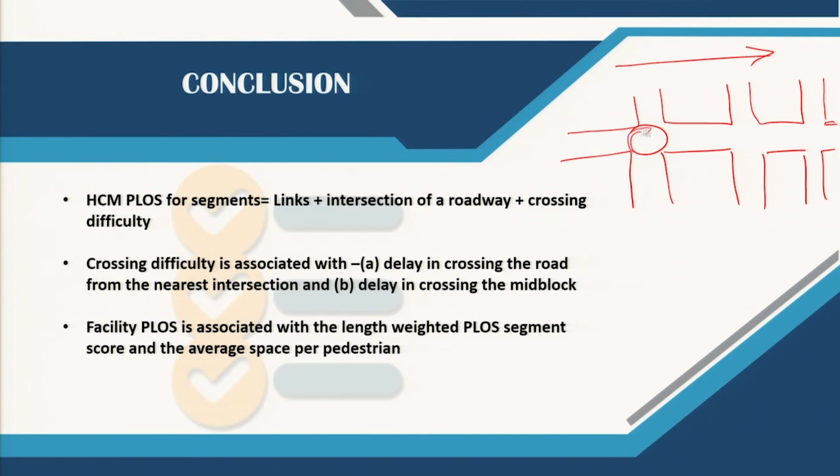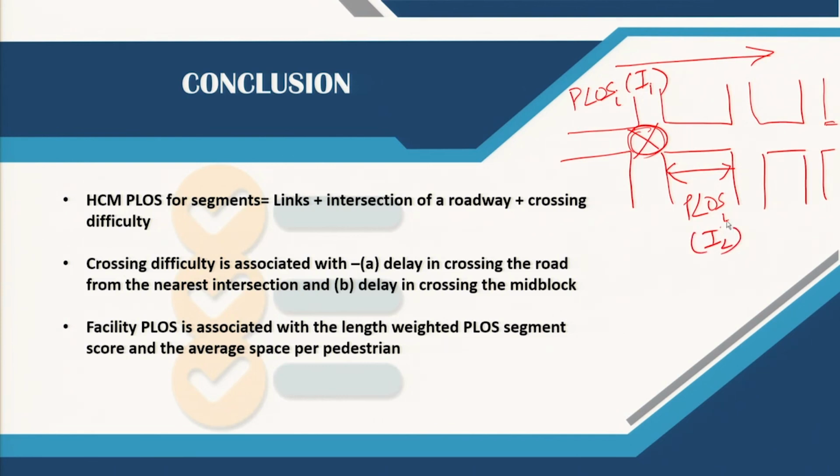So, you are calculating a pedestrian level of service for an intersection which may or may not have a signal, because not all intersections are signalized. So, if you are only looking at this, you are looking at a pedestrian level of service score for an intersection, which is given by II, whereas if you are looking at a link, you are looking at only this segment. So, that is a pedestrian level of service score for only a link, IL.